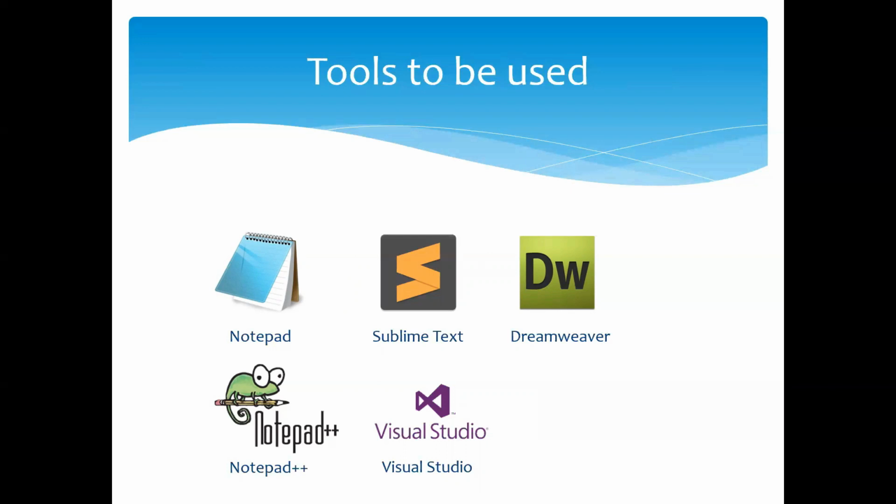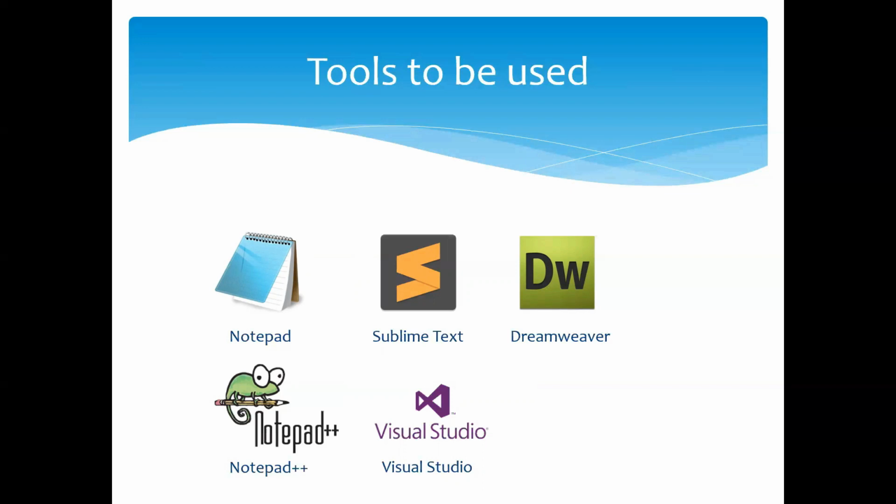In this course, I recommend you use Sublime Text, which is a free version, open source. Open source means any developer can use and modify the application. For learning technology, Sublime Text is a good choice for us, and maximum developers around the globe use Sublime Text for their development work.